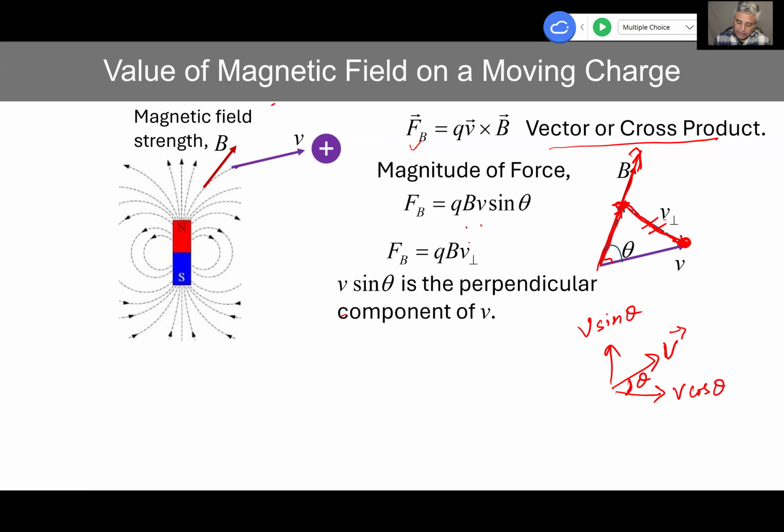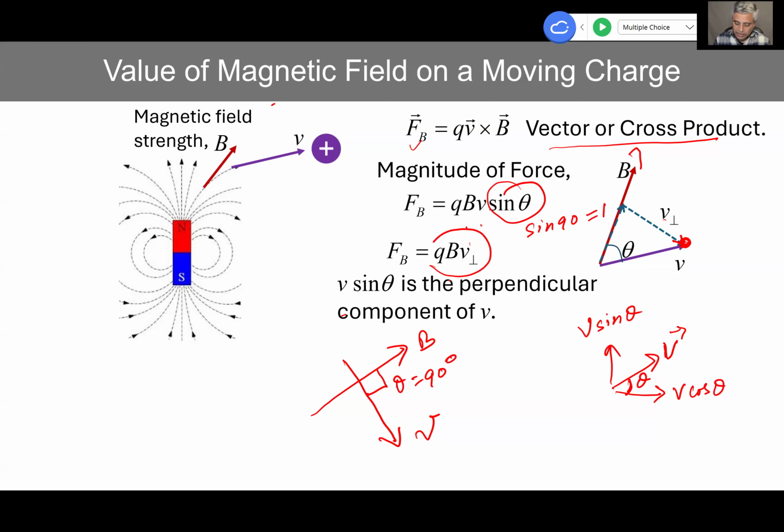So in this case, when V is exactly perpendicular to B, exactly perpendicular means theta is 90 degrees. You know, sine 90 is 1. So basically, this becomes just QVB. But it's not always QVB.